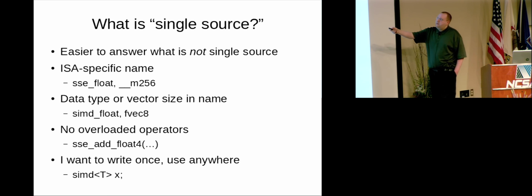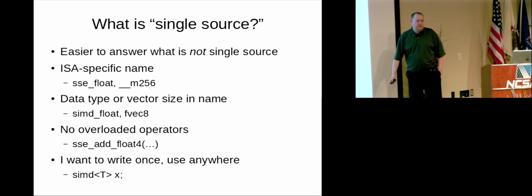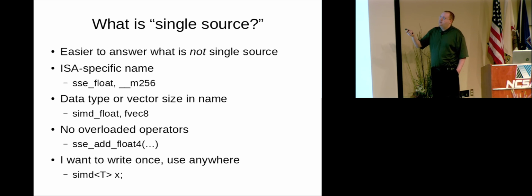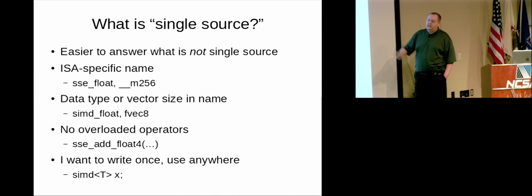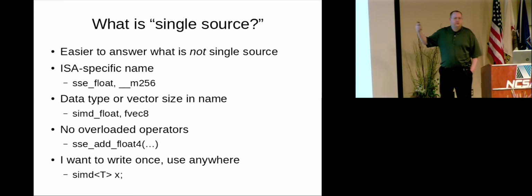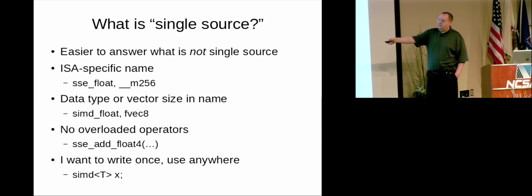So what do I mean by single source? It's actually a little bit easier to answer what is not single source. If your types have an ISA-specific name, like SSE or M256, I can't deal with that in a generic way. This type right here gets in the way of the user. The user has to know whether they're dealing with SSE or float or whatever.